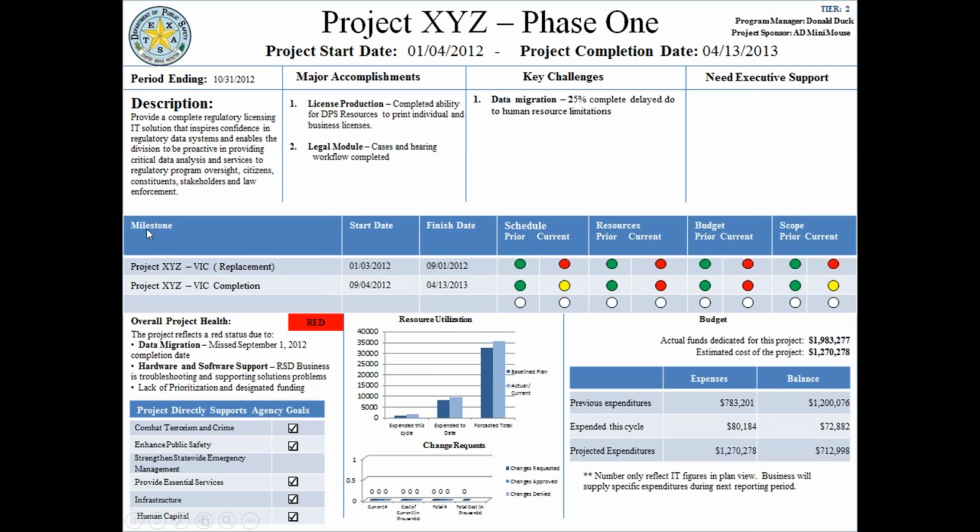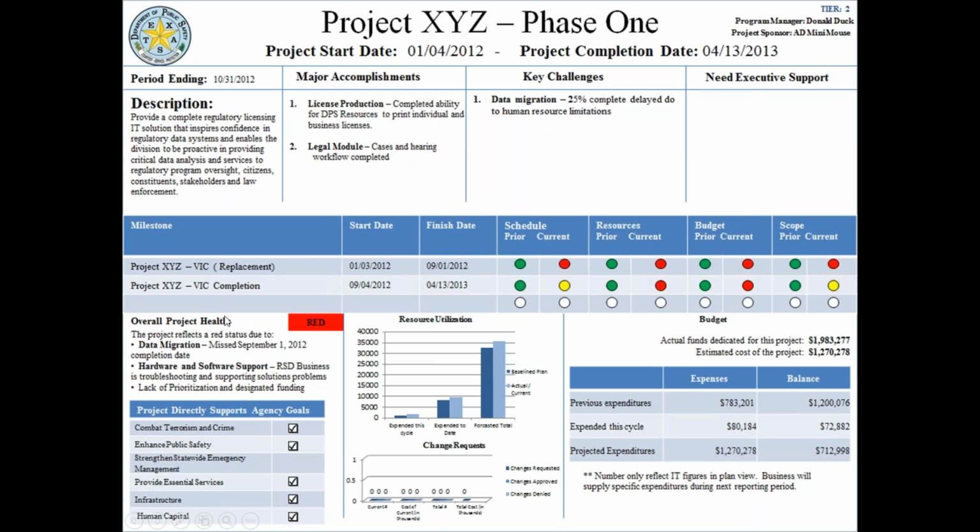So again, milestones, start date, end date. Where was a previous report? In this particular case, the line with the replacement was in green. Now it is in red, as you can see going across this particular milestone.